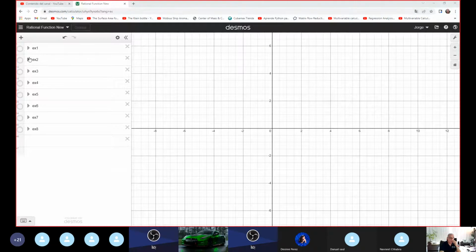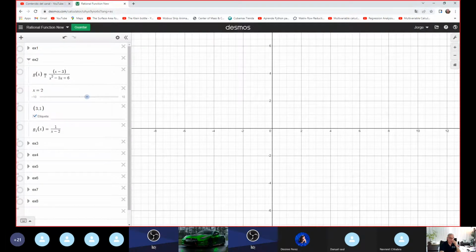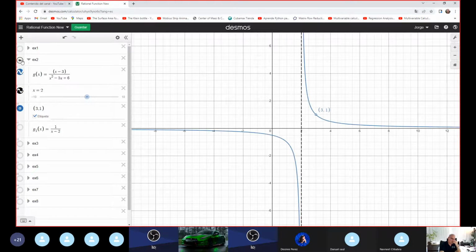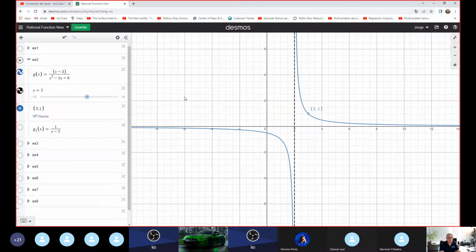Look. Example 2 is the function that I call G. It doesn't matter the name. This is G. Do you see G? G is rational. We have the vertical asymptote at x equal to, and the famous point of the hole is 3 comma undefined.